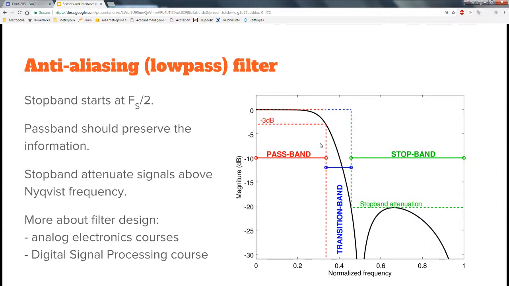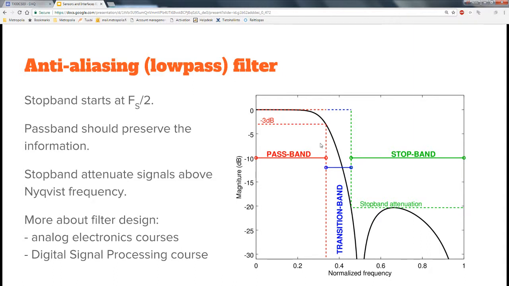So at that point, when the stop band starts on that low pass filter, basically you should attenuate every single piece of information you have about that frequency, and you have to attenuate it enough.